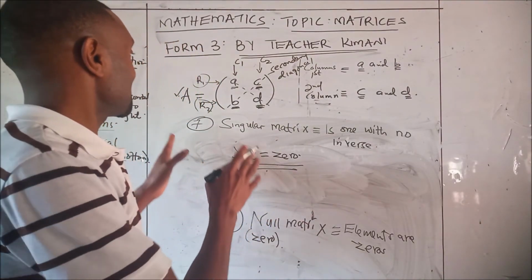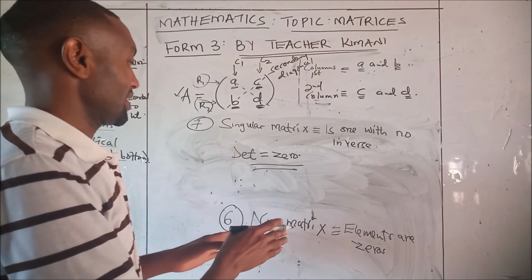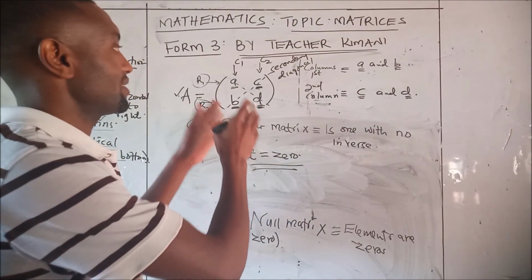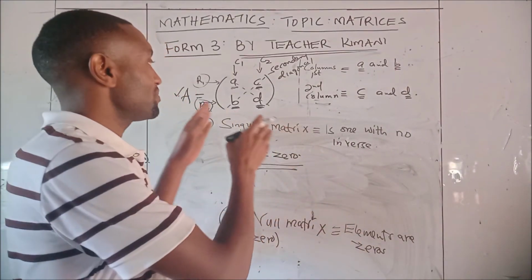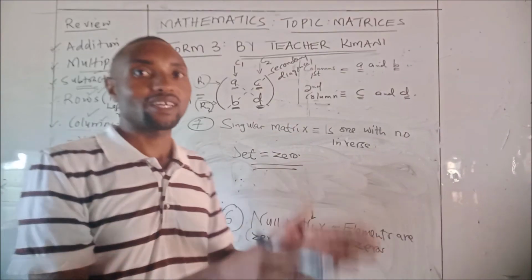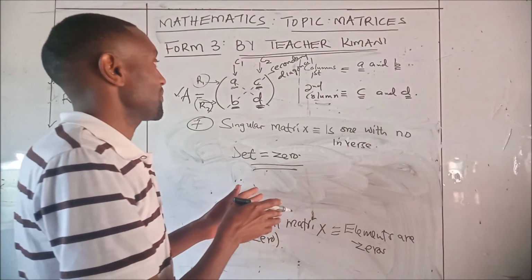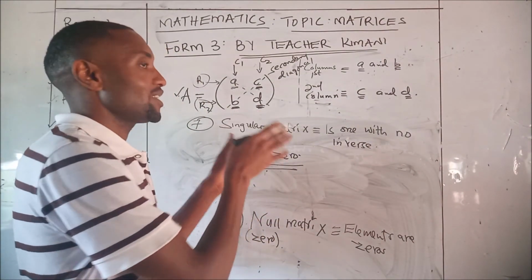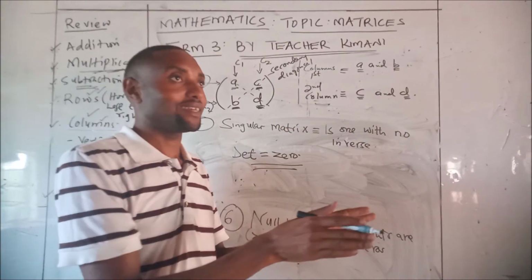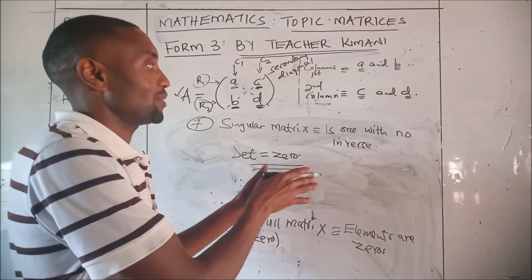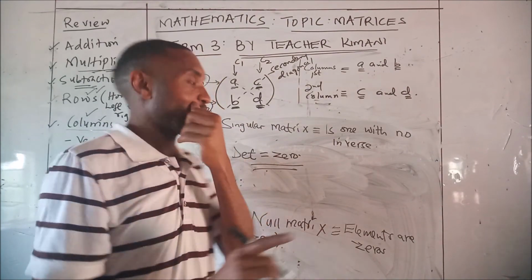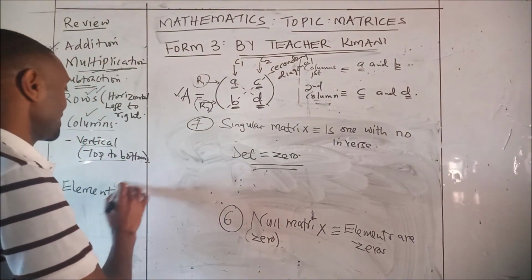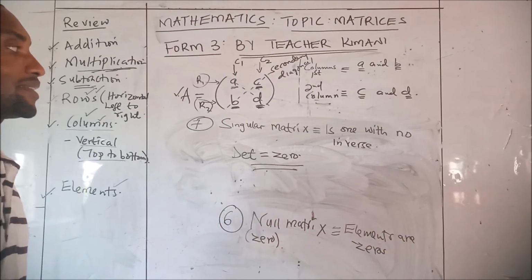Another thing that we did not expect in this topic is learning that the information in a table could be represented in terms of values or variables. Those values or variables or letters that are in that table or matrix, we refer to them as elements.